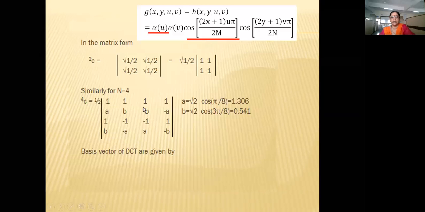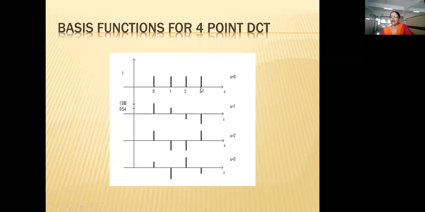As shown in the previous slide, u varies along the vertical direction 0, 1, 2, 3. And for every value of u, we get variation of x from 0 to 3. And accordingly, we get 4 coefficient values. So the same thing is represented here as a graph.